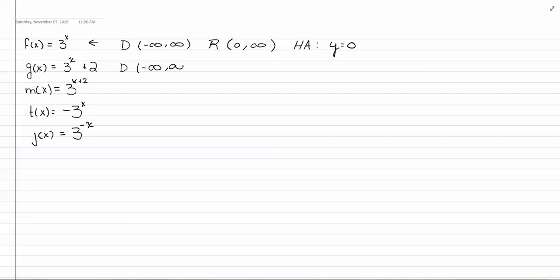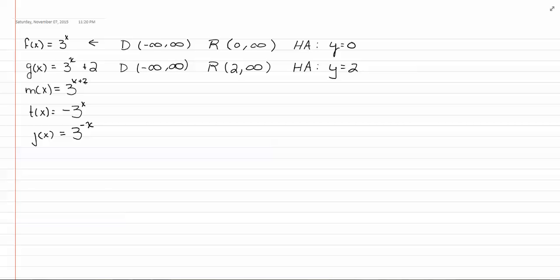And again, you can check that out by just looking at the function. There's no fractions and there's no square roots in the problem. The range, however, has been adjusted. The lowest y value that it can approach is the number 2. It doesn't actually touch 2, but it gets really close to it. That's because it has a horizontal asymptote at y equals 2.